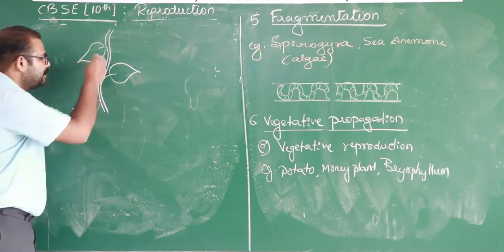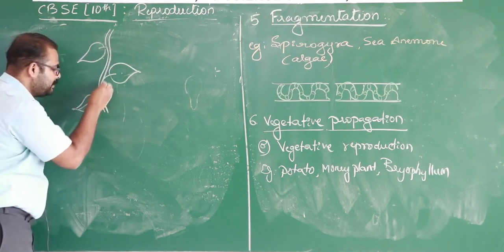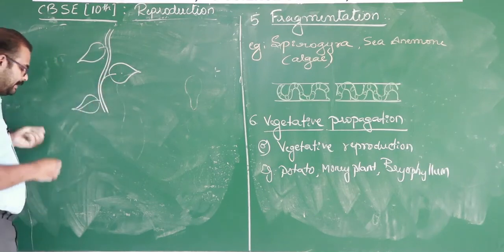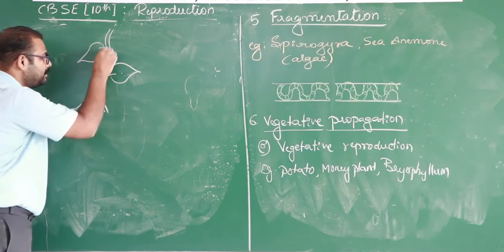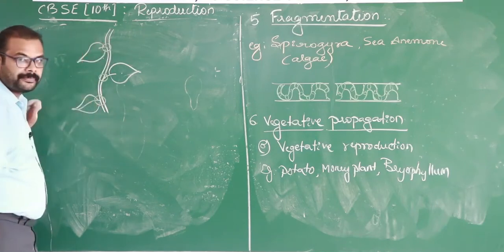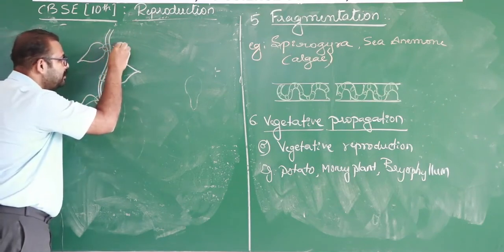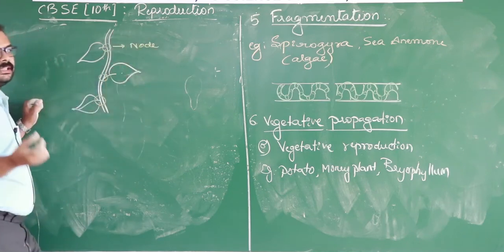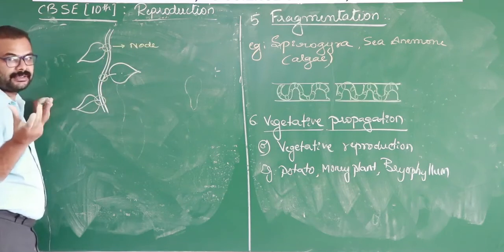Because you see that these are the leaves, and there is some distance between them. Look at this region, the region where the leaves are developed. These are nothing but nodal regions. These are called nodes. They are the growing portions. They have buds.